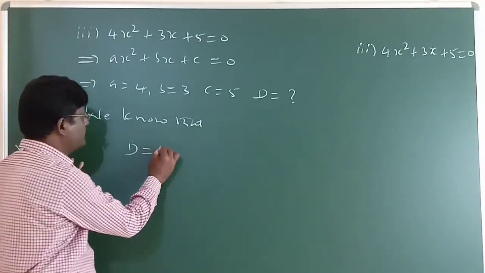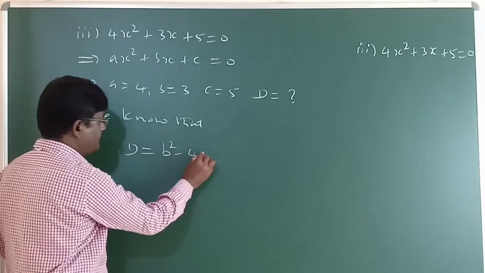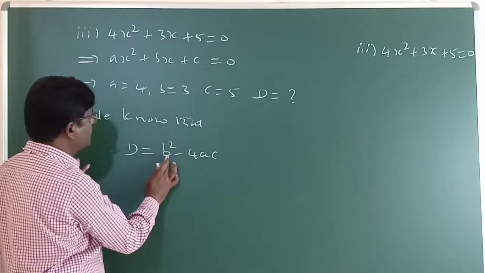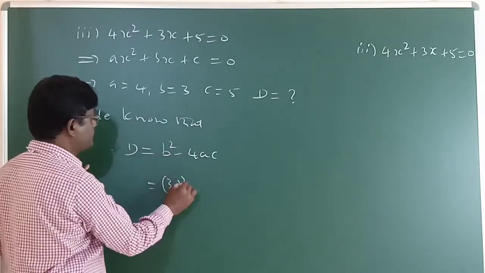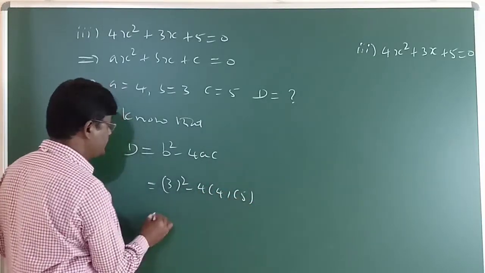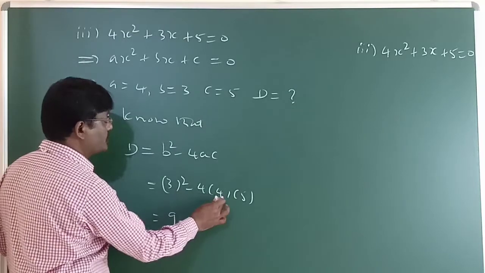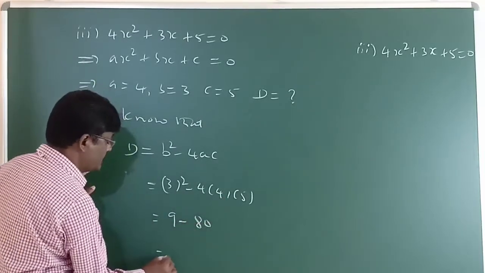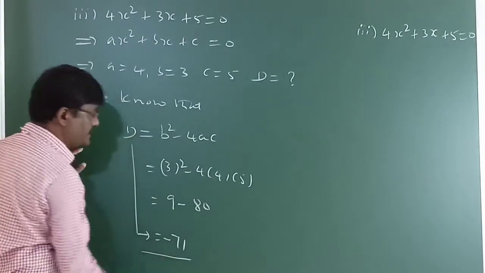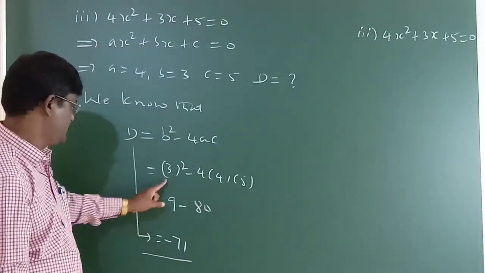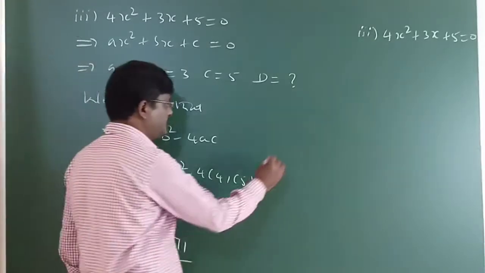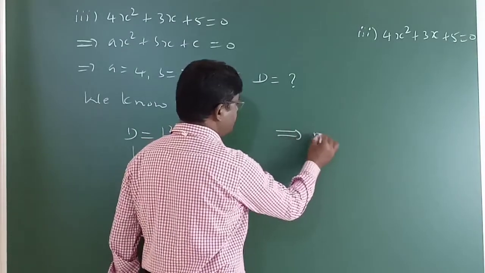D equal to b square minus 4ac. By substituting the values, 3 square minus 4 into 4 into 5, 9 minus 80, that is minus 71. This implies D is less than 0.